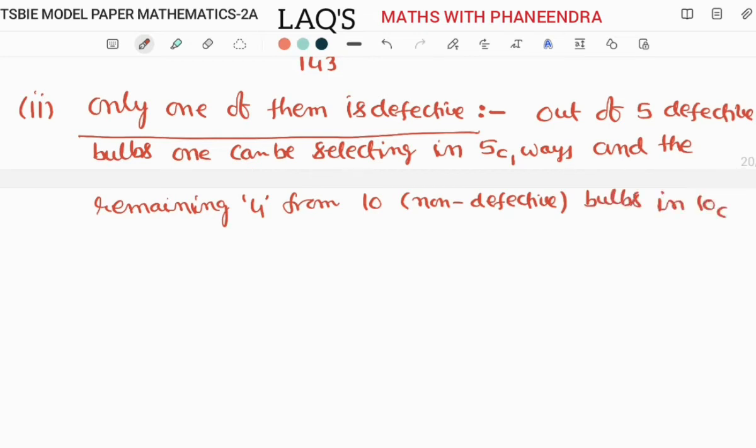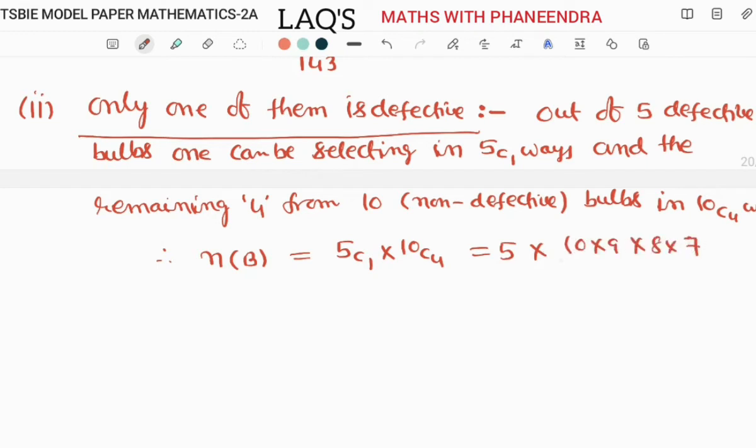In 10C4 ways. Therefore, this is B if you assume that n of B is equal to 5C1 into 10C4. So 5C1 means 5, 10C4 means 10 into 9 into 8 into 7 by 1 into 2 into 3 into 4. So we can cancel it.